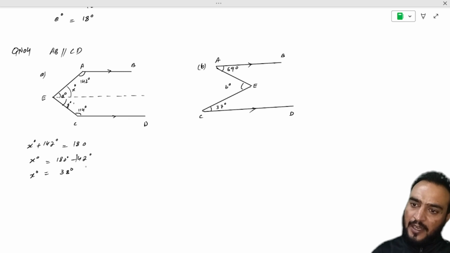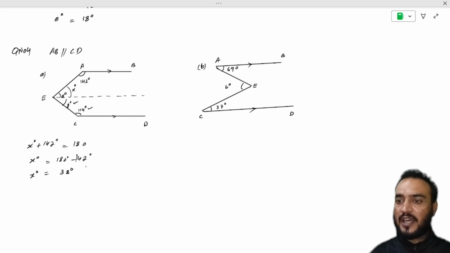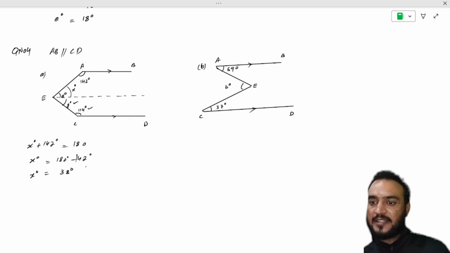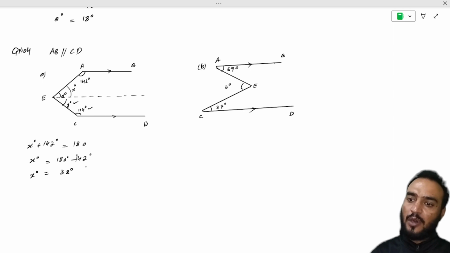So the angle y and angle 114 are also interior angles because these two angles are lying inside these two parallel lines AB and CD. So these two angles are also interior angles. So the sum of these angles is again equal to 180 degrees. So y degree plus 114 degree is equal to 180 degree.